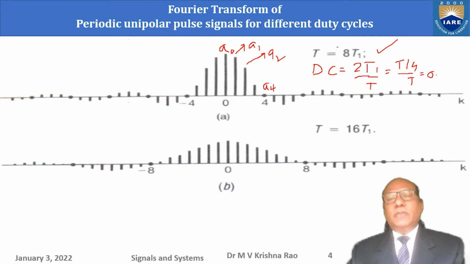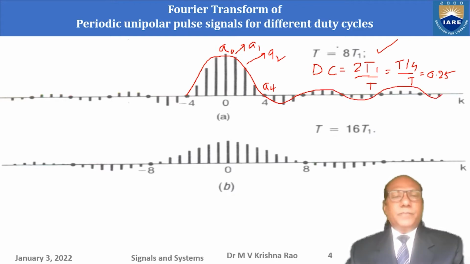This is the 25% duty cycle case. The pulse is very narrow, and the envelope of this one is nothing but a sinc function with 0 crossings.